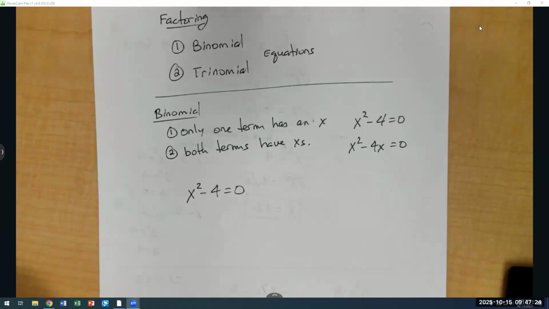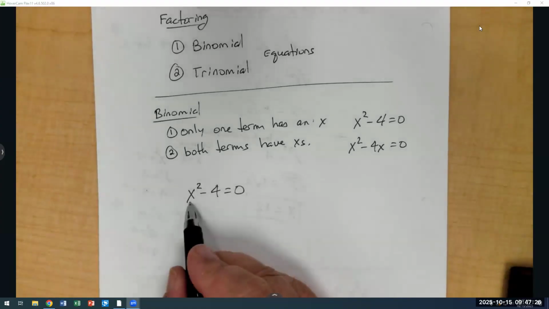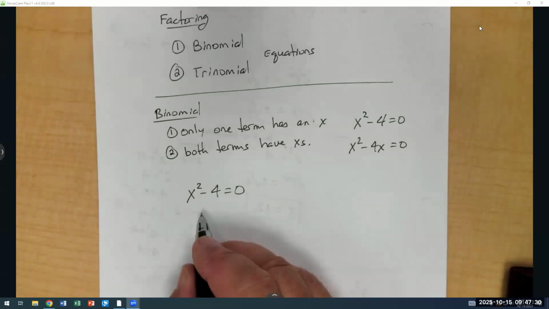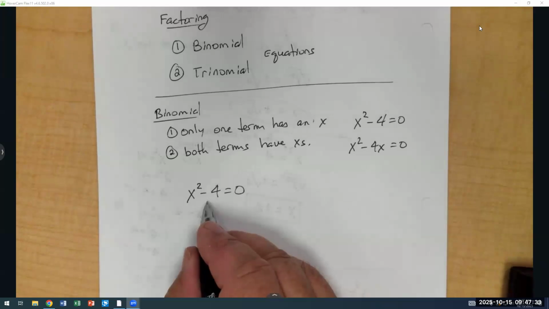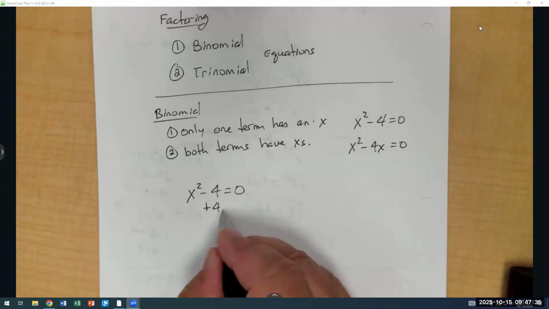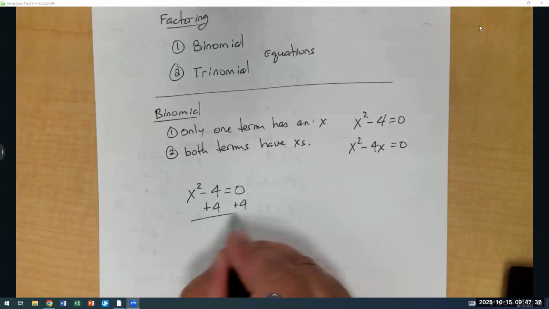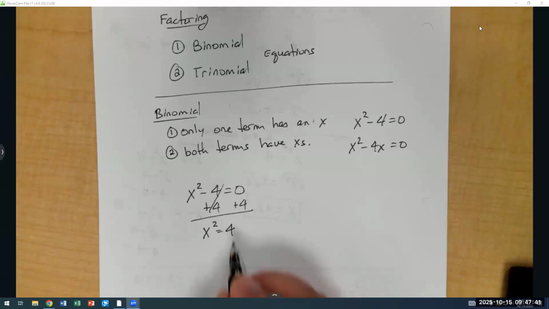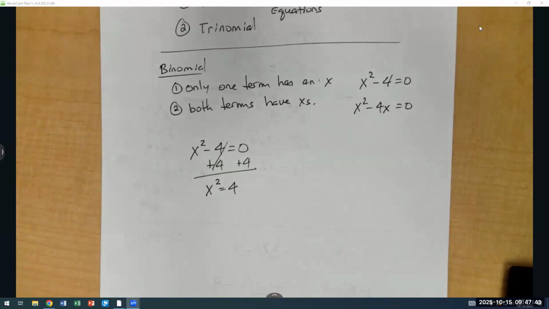What are we solving for? The x. So get the x by itself. What do you have to get rid of? The 4. How do you get rid of the 4? Add 4 to both sides. So x squared equals 4. Now solve for x.